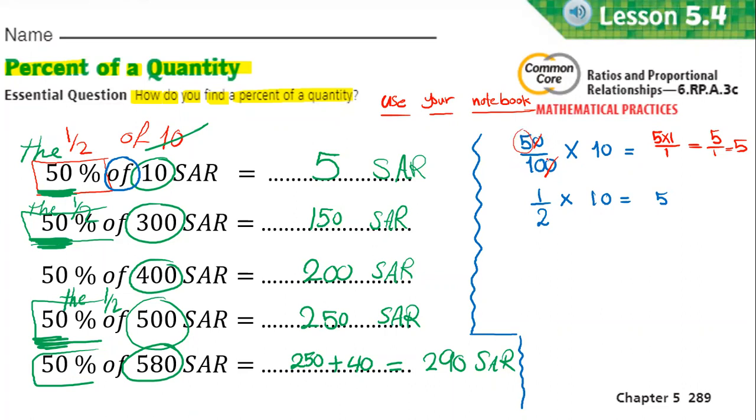I divide 100 by 10, the answer is 10. So when I cancel a 0 with a 0, this means I divide both of them by 10. Can I divide this 10 by 10? The answer is 1.